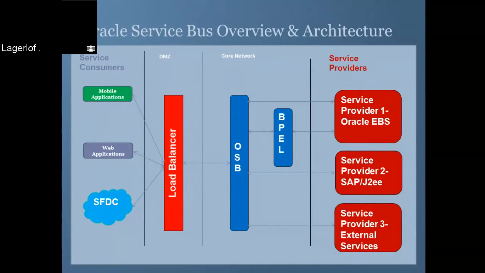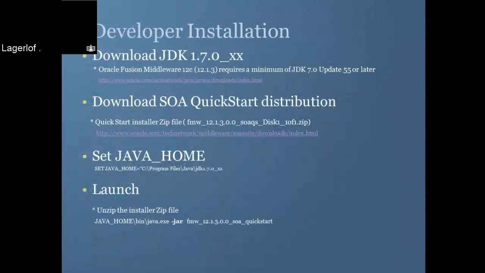So before we start the tutorial, we want to make sure that you have all these steps covered, because to do development in JDeveloper for Oracle 12c, you need these versions installed. First, you're going to download the JDK 1.7.